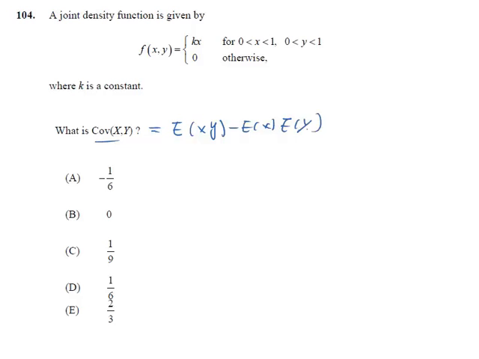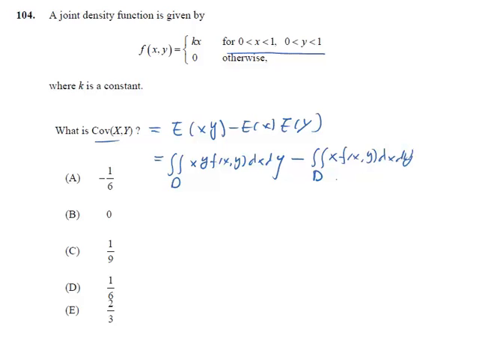The first term is an integral of xy f(x,y) dx dy over the 2D plane, which we're going to figure out later, minus your mean of x, the 2D plane integral of x f(x,y) dx dy, times the mean of y, the same thing over the 2D plane, y f(x,y) dx dy. Once you settle the formula, all the rest is just the details of doing the integrals.